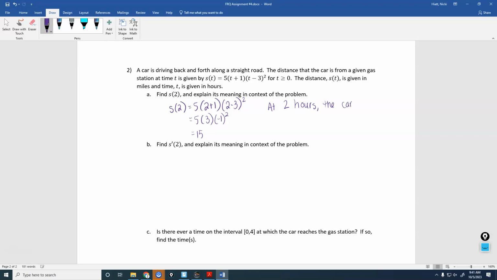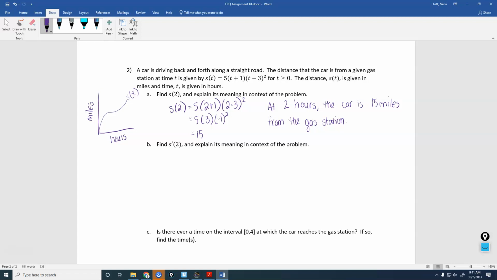The car is 15 miles from the gas station. Okay, so we think about our graph there. We've got hours here, and we've got miles here for our S of t, whatever it looks like, S of t.